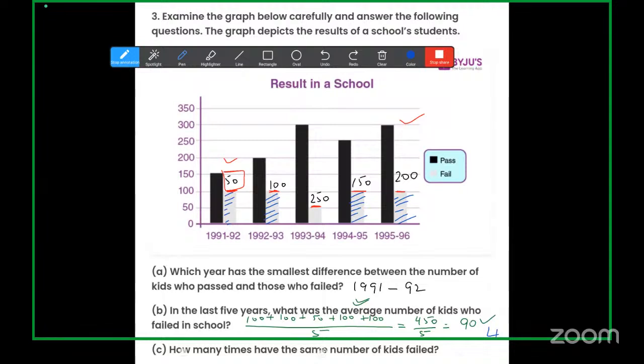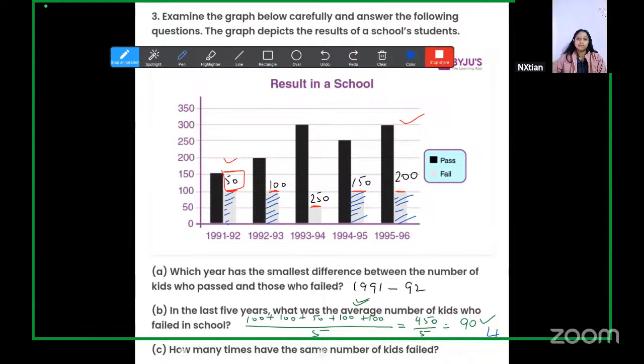You don't have dot plots in this chapter. Line graph? No, line graph also not. I think you'll be getting the line graph and all that in the next level, the secondary level. Right now we only have two things: a bar graph and a pie chart.